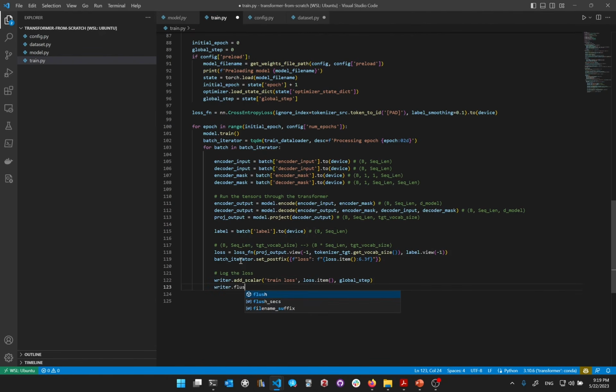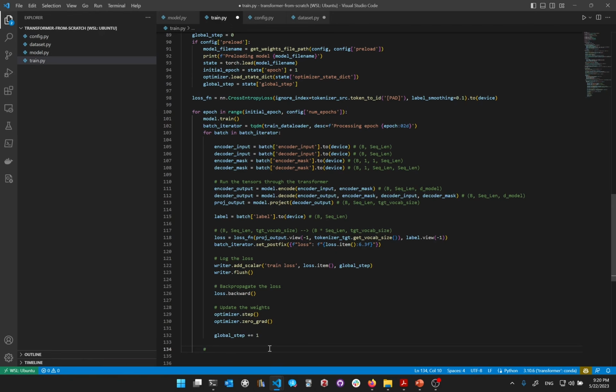Let's also flush it. Okay, now we can backpropagate the loss. So loss.backward, and finally we update the weights of the model. That is the job of the optimizer, and finally we can zero out the grad. And we move the global step by one. The global step is being used mostly for TensorBoard to keep track of the loss.